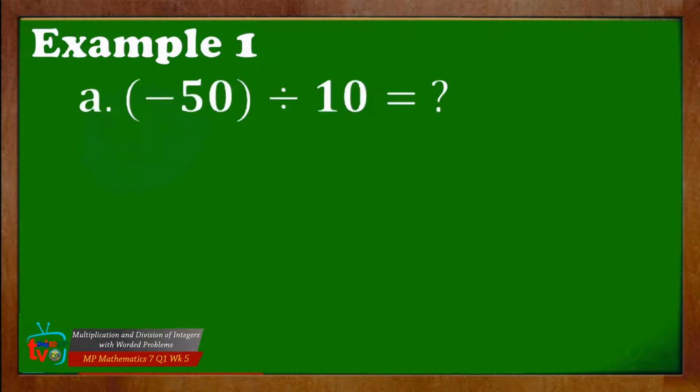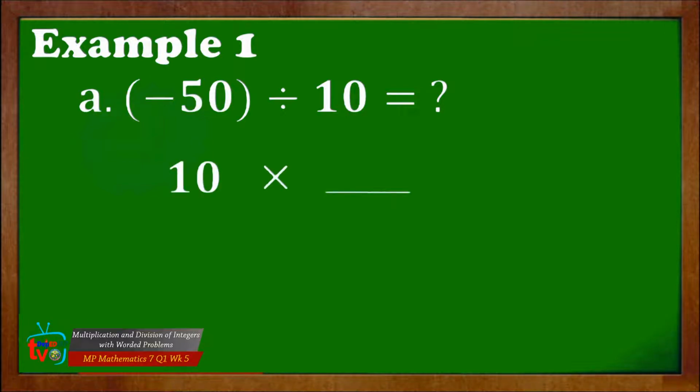Let's have example number 1. What is negative 50 divided by 10? To get the quotient, we will think of a number that, if multiplied to 10, the result will be negative 50. Considering that the product is negative 50, we go back to the rules of multiplying integers.